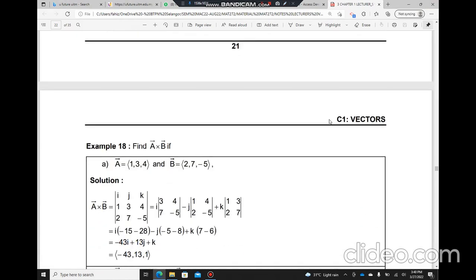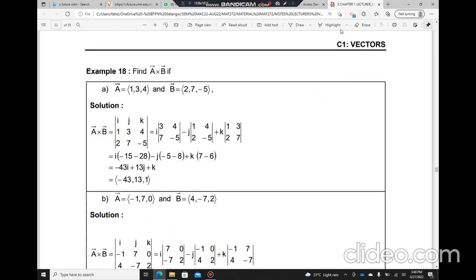Okay, so next we discuss example. Okay, so kita discuss example 18. Find vector A cross vector B, given A equals 1, 3, 4 and B equals 2, 7, negative 5. Okay, so first, you need to put this into determinant, bentuk dalam ni.